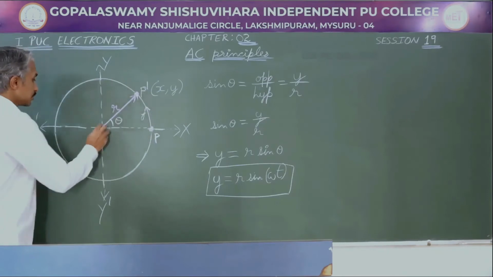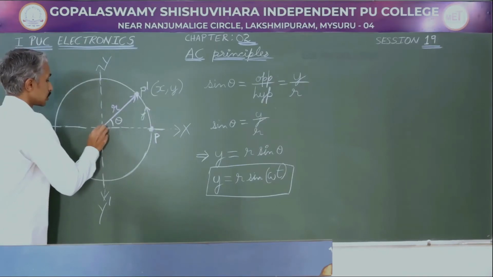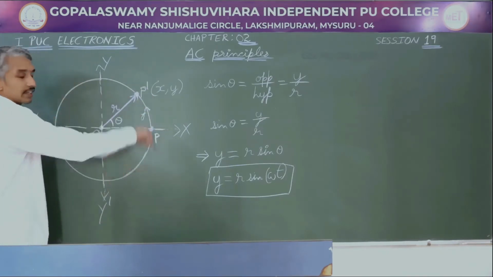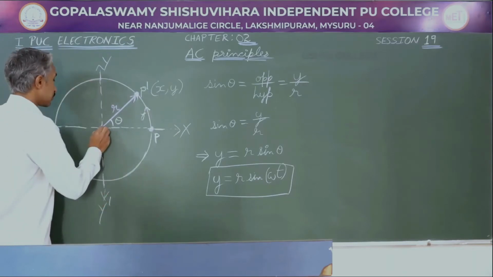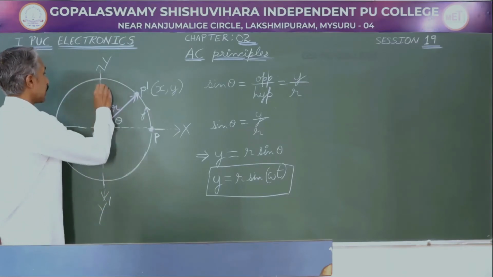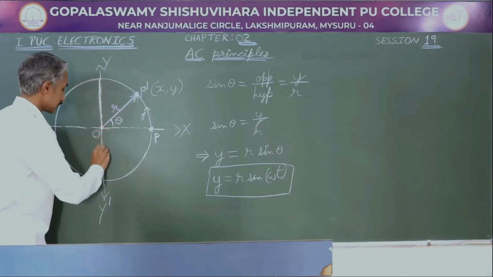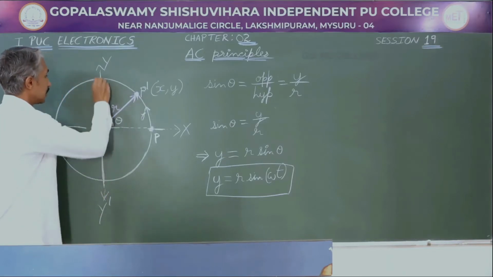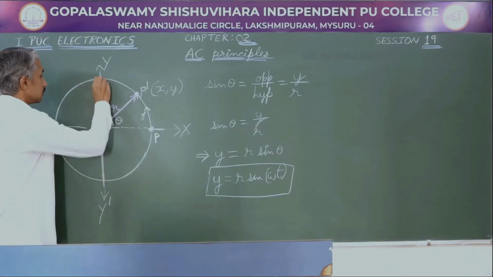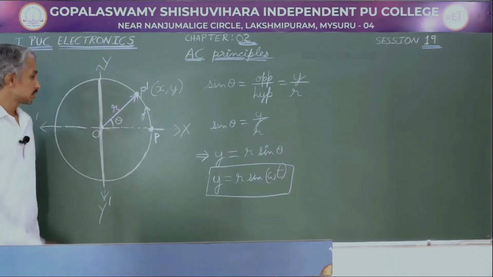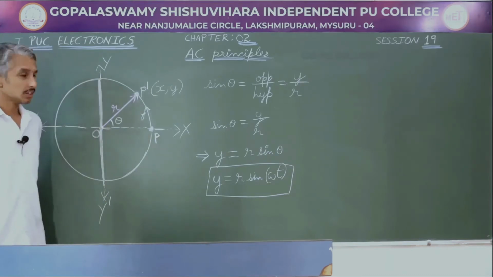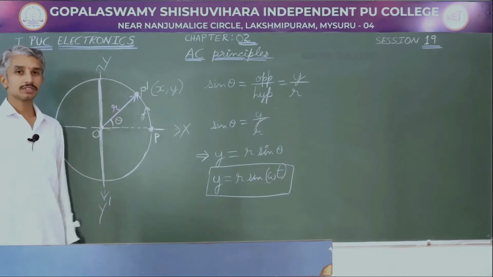We look into an animation here which will help us to understand it better. If you look at the animation, you will see as the object rotates, the projection on the y axis goes up, down, further down, back up, and the projection oscillates along the y axis. Let us look into the animation.